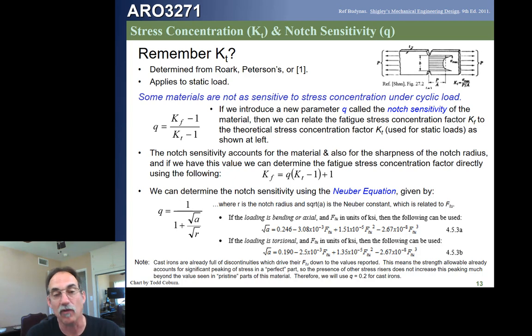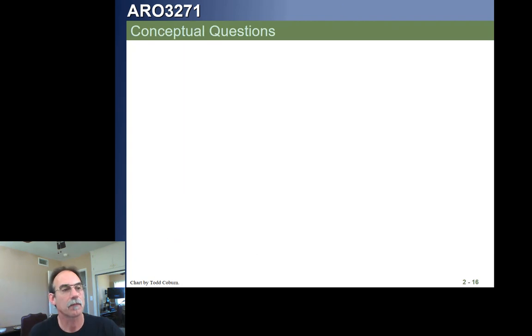If you have a Q of 1, in that case, you're going to end up finding that K sub F is equal to K sub T, and the material behaves just like a static part for purposes of stress concentration. Okay? And we will use a notch sensitivity of 0.2 for cast irons. There's a little explanation of why there.